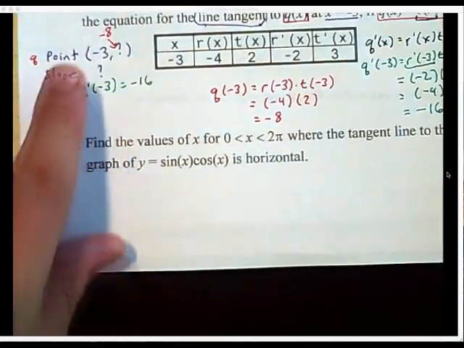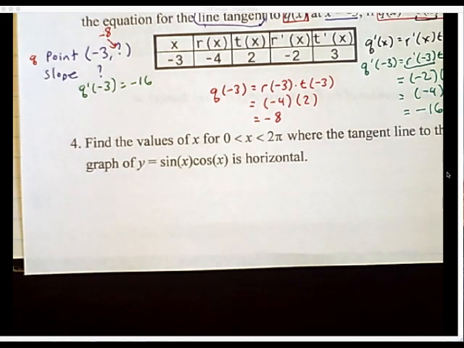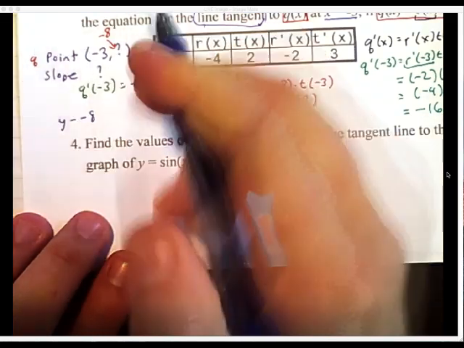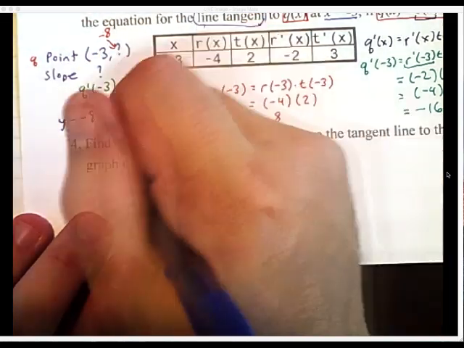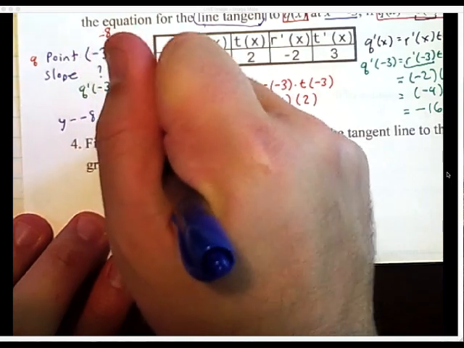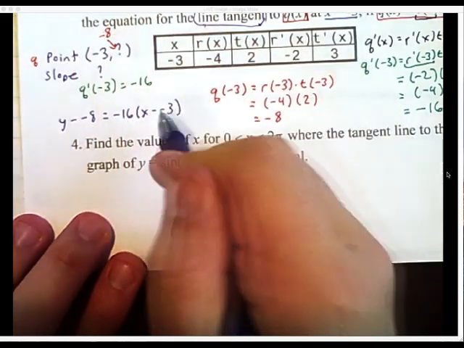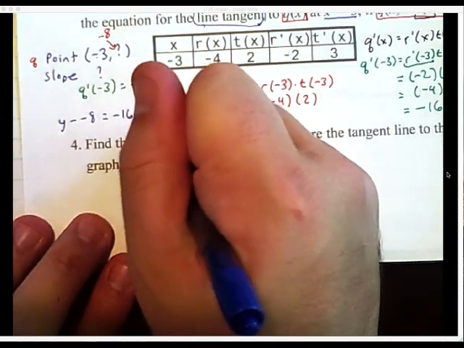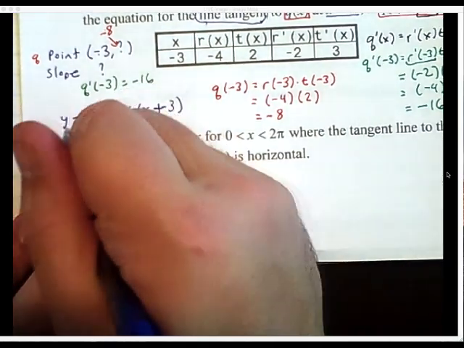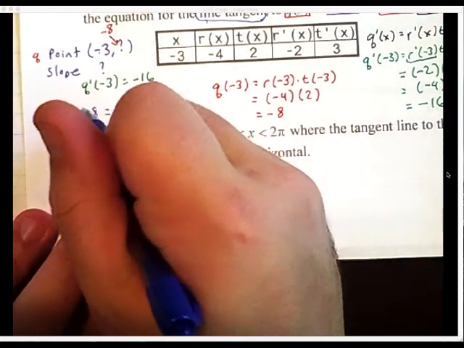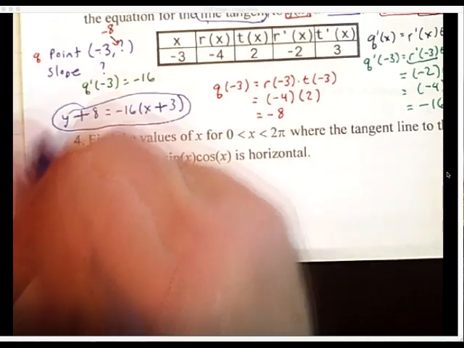Once I know these two things, I can write the equation of the tangent line. y minus -8, coming from that, equals the slope, -16, x minus -3, the -3 coming from that. You've got two negatives next to each other here, that turns into a plus. You've got two negatives here, that turns into a plus. And this is the equation of my tangent line.